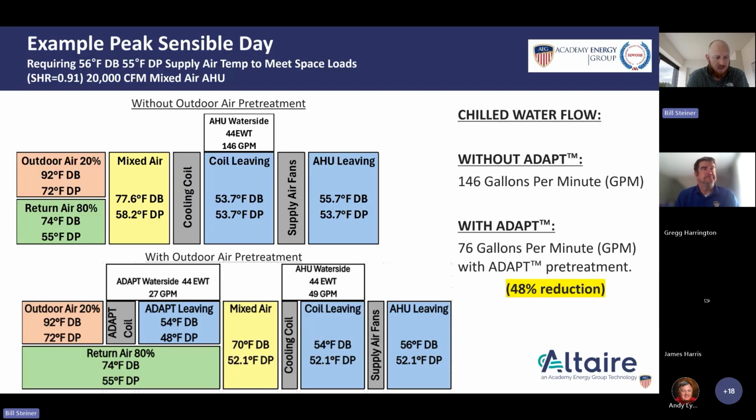At the top, and this will be the same setup for all of these slides, you'll see just the setup where we're not doing any pre-treatment of the outside air. We're going to bring that in, mix it, and then do our cooling and dehumidification. So we have 92-degree outside air with a 2-degree dew point.